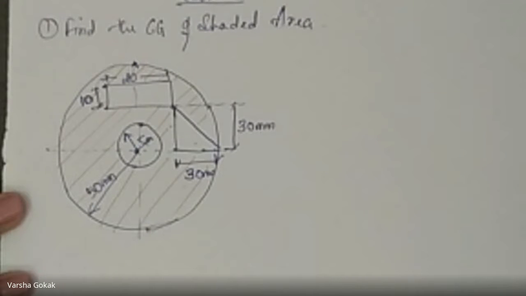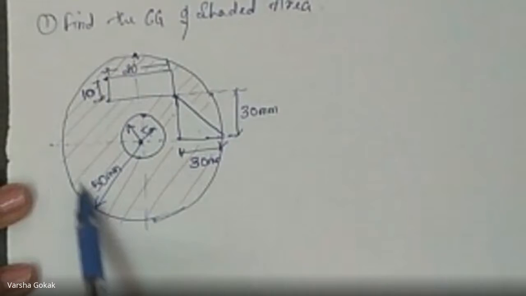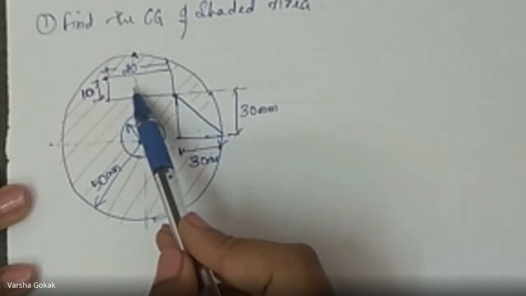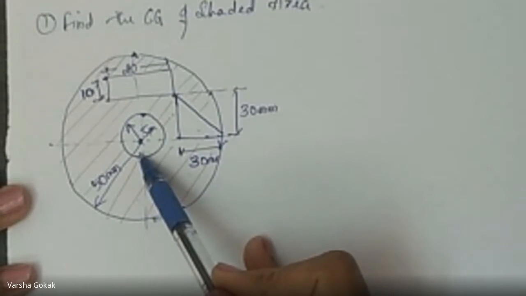Rectangle, triangle and small circle. Yes, correct. Deepa and Shifa, both of you are right. I will first write CG of this big circle, and after that I will go for deductions of a rectangle, triangle and a smaller circle.